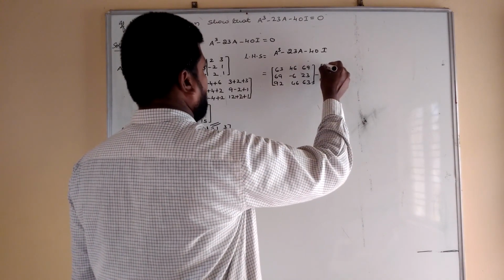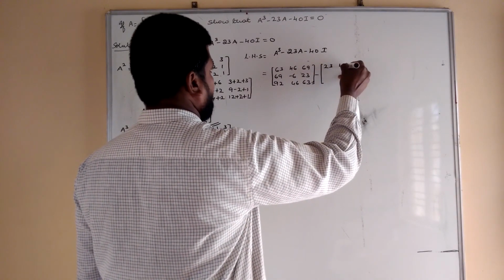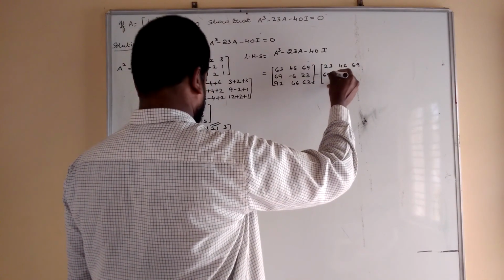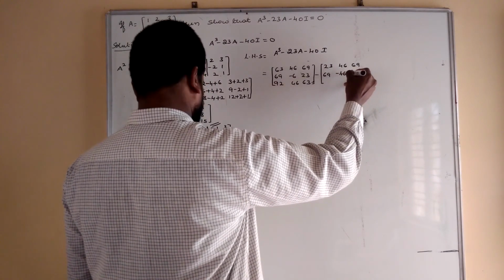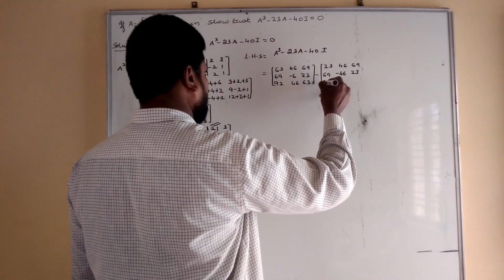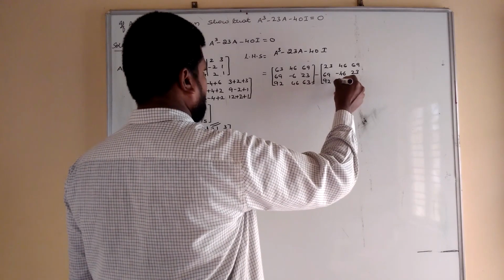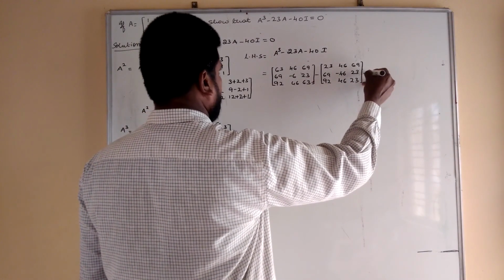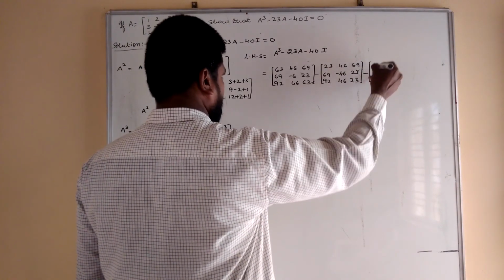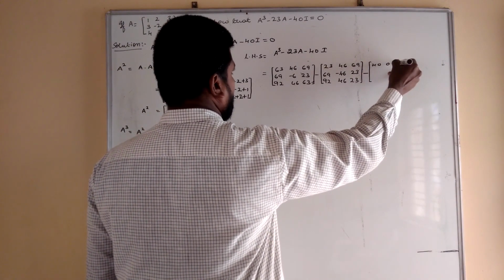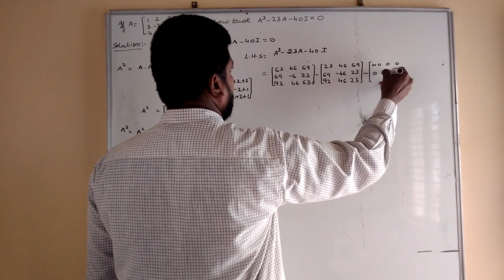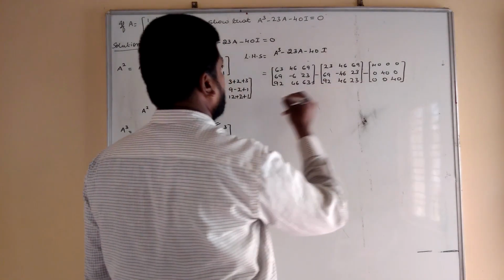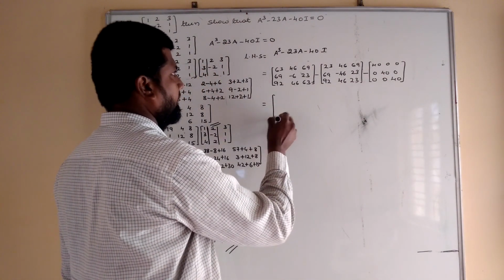What is the 23A? 23, 46, then 69, 69, then minus 46, then 23, then 92, then 46, then 23, minus 40I, 40, 0, 0, 0, 40, 0, 0, 0, 40. So we subtract this one.